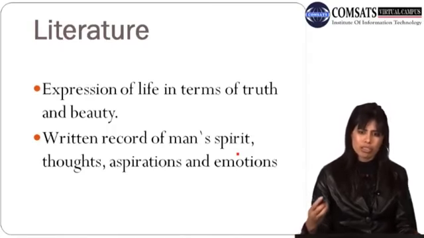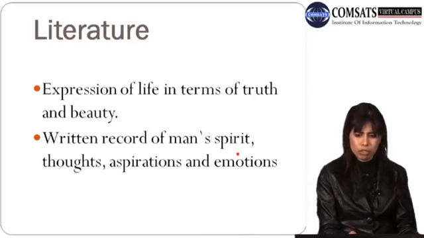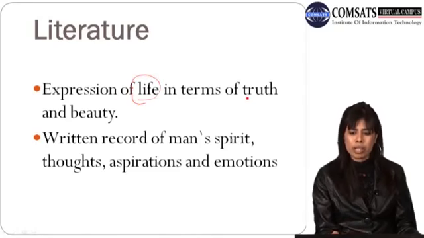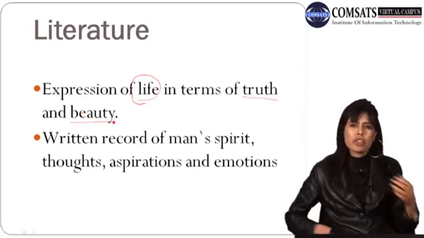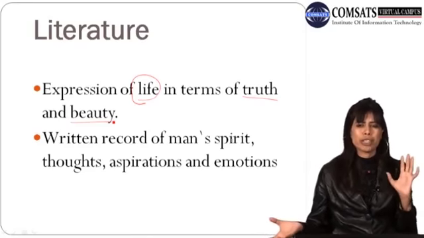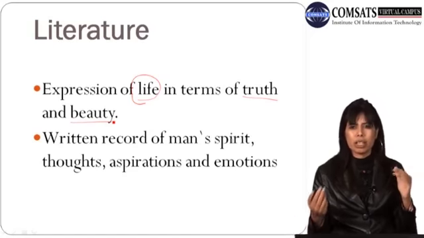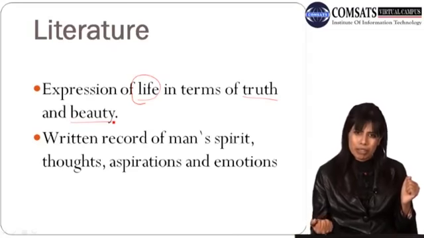So in the very first line you could see, this is the expression of life, and in terms of truth and beauty. Literature is a true depiction of life, so that is based on the facts and figures of the society along with the beautiful elements of the society. So my dear students, this is a very optimistic approach towards studying literature.